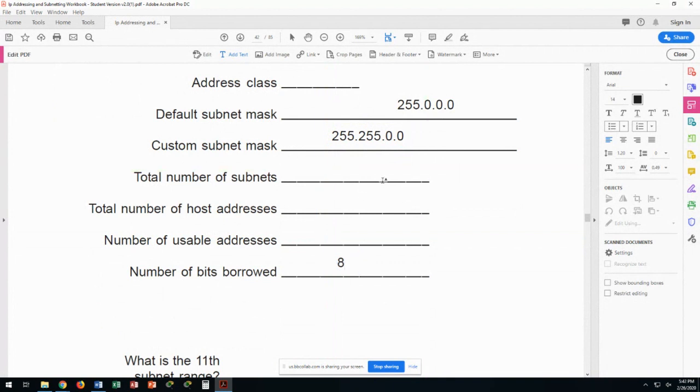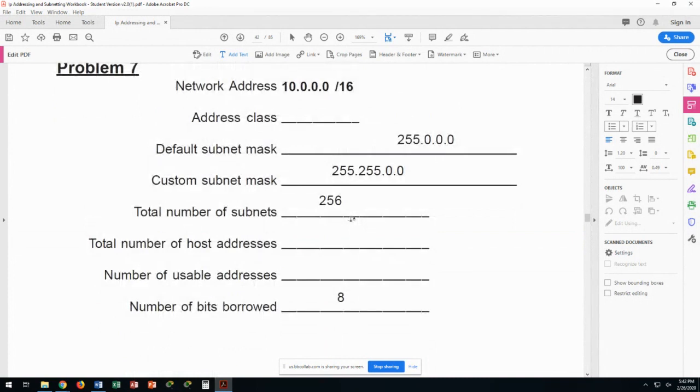So if we borrow 8, how many networks can we create? What's 2 to the 8th? 256. Okay, so now this is where it comes up. How many bits per host do we have left?